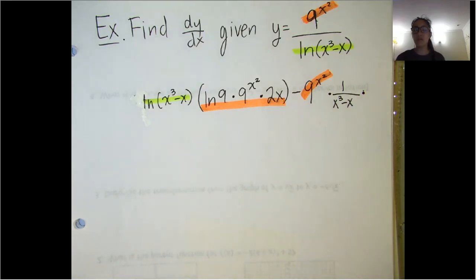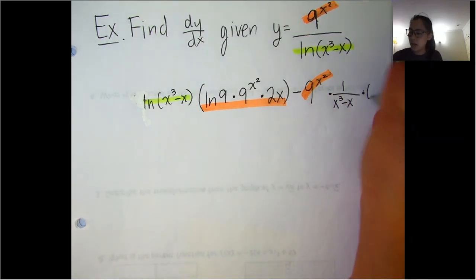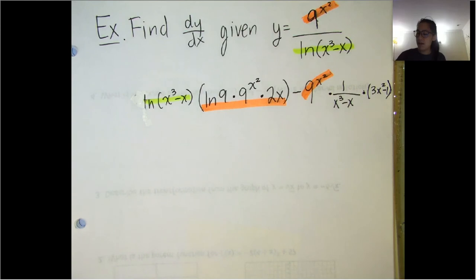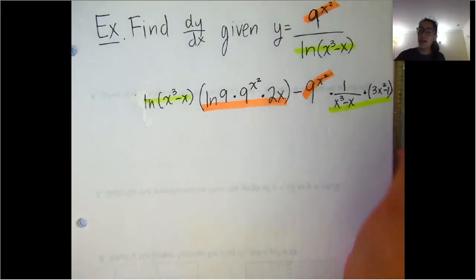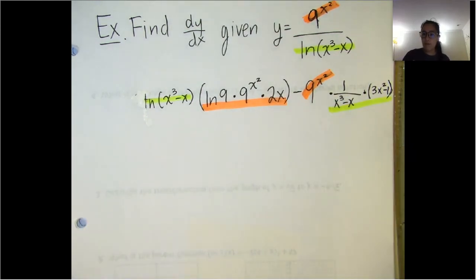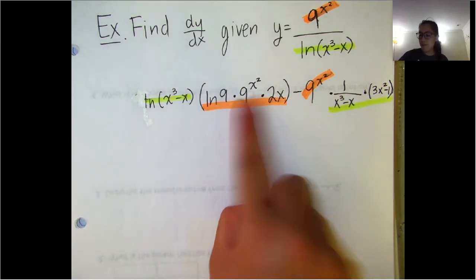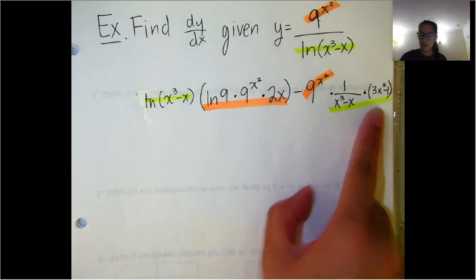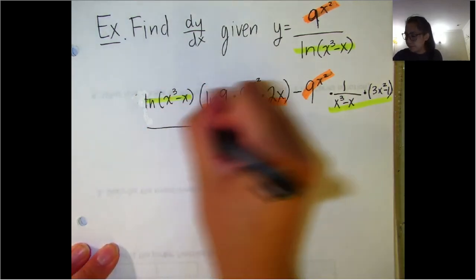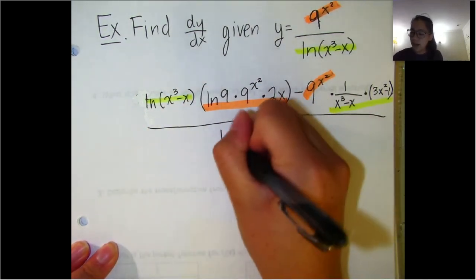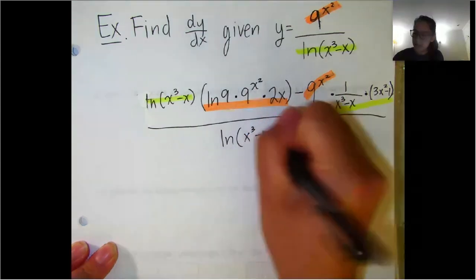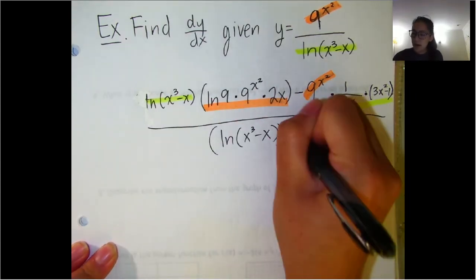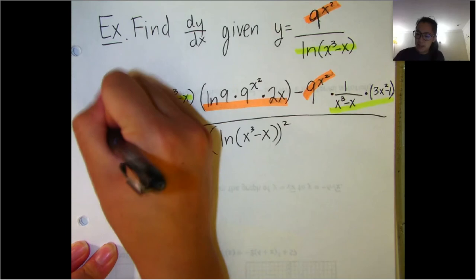That's going to be 3x squared minus 1. So times 3x squared minus 1. We're underlining that because that's the derivative of the denominator. So that's low d high minus high d low, and then we have all over low squared, which is ln of x cubed minus x, squared. And this is going to be dy/dx.